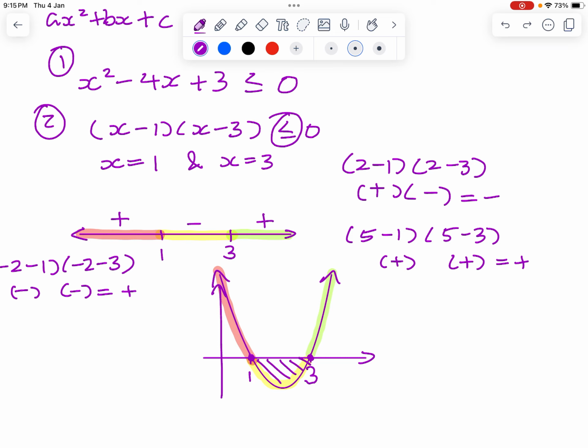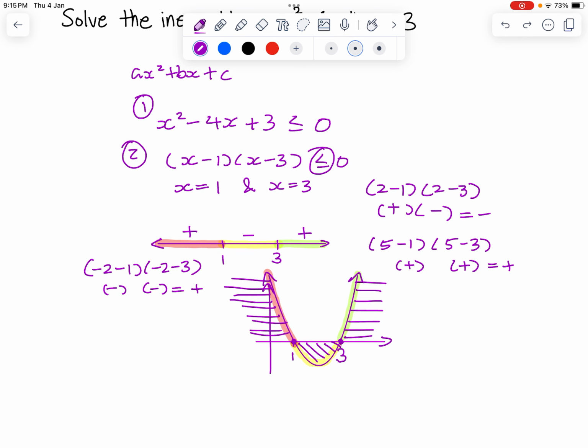And then for any number that is bigger than 3, we could see that the y value is positive. The same goes for any number that is below the number 1, it is also positive. So you can see this connection here, which is the reason why it's very important to draw a number line so that we can get a clear picture of what's going on.